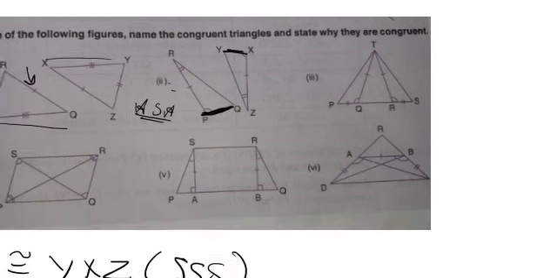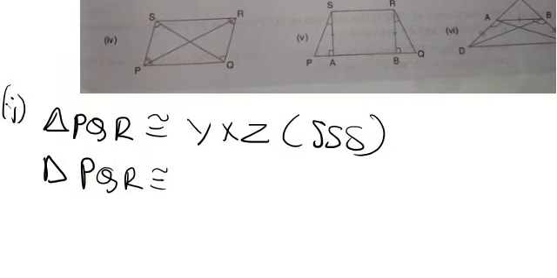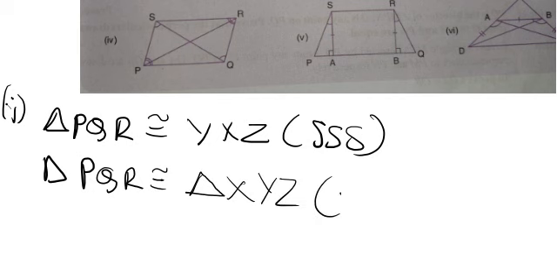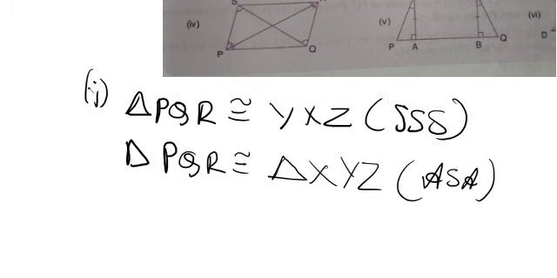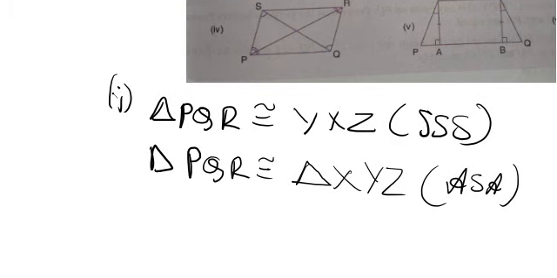So here the sequence will be triangle XYZ, and the reason is ASA. This is the ASA rule, fine. This was the second part. Now we proceed to the third one.